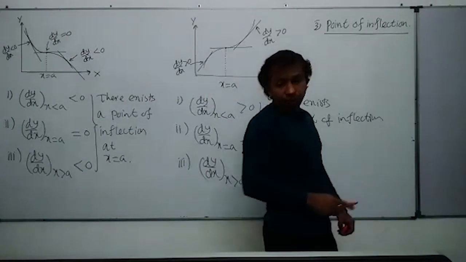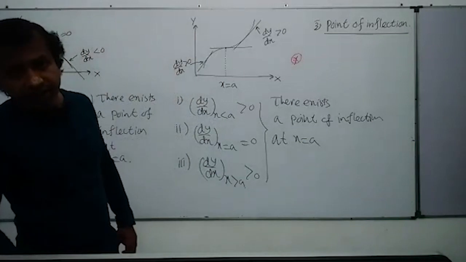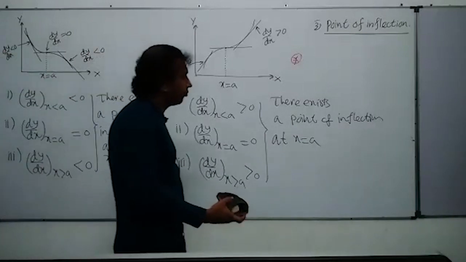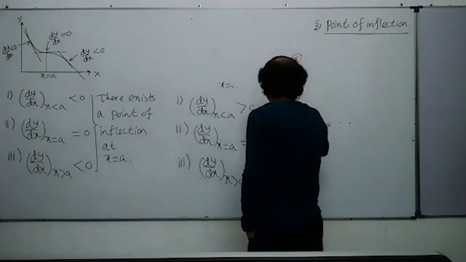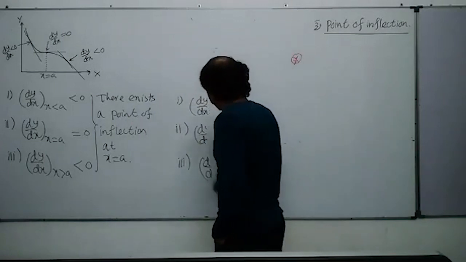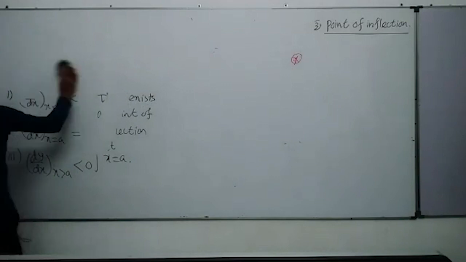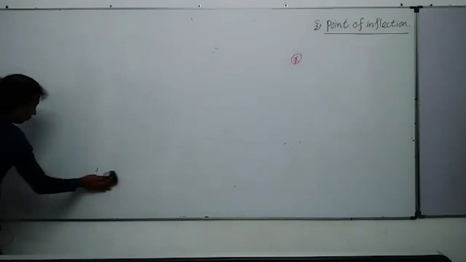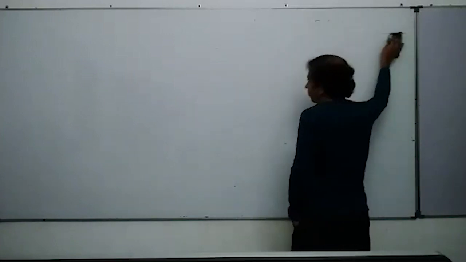Therefore, at a stationary point, the dy by dx equals 0. Right. We'll come to one example.